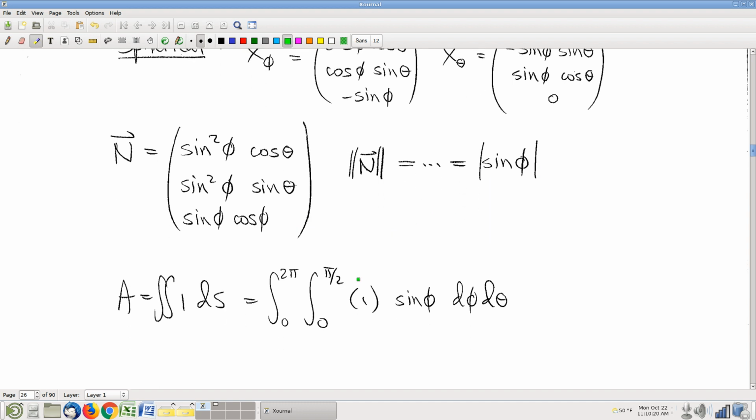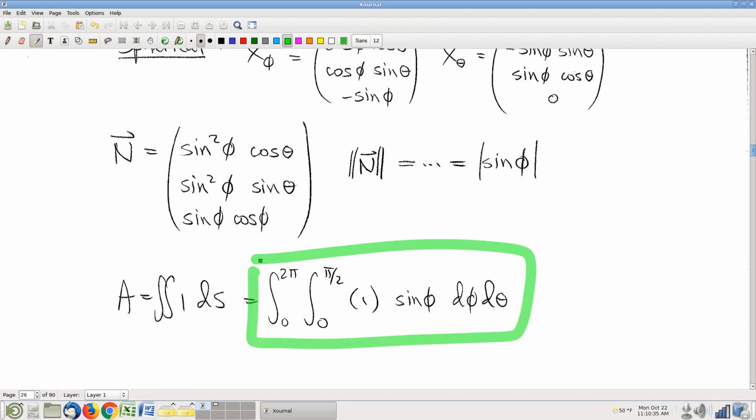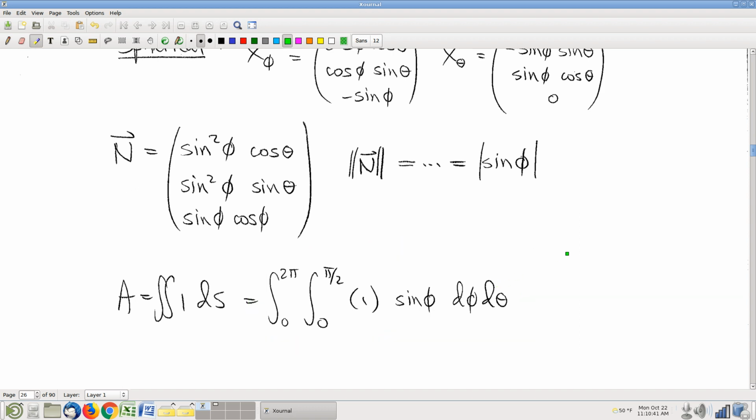And then look how easy this integral becomes. So for the values of phi that we're interested in here, phi between 0 and pi over 2, this is always positive, and so I can lose the absolute values. And this is a really easy double integral. Who'd have figured?